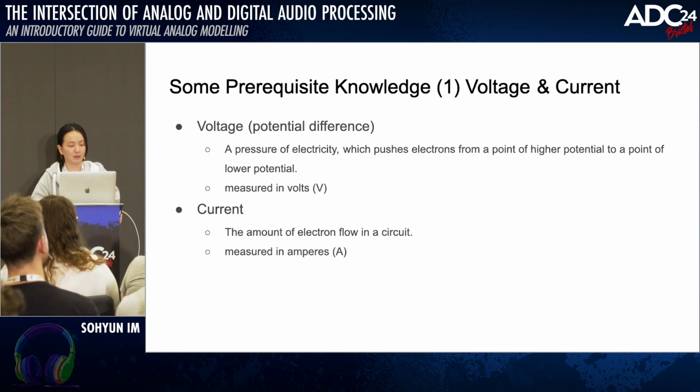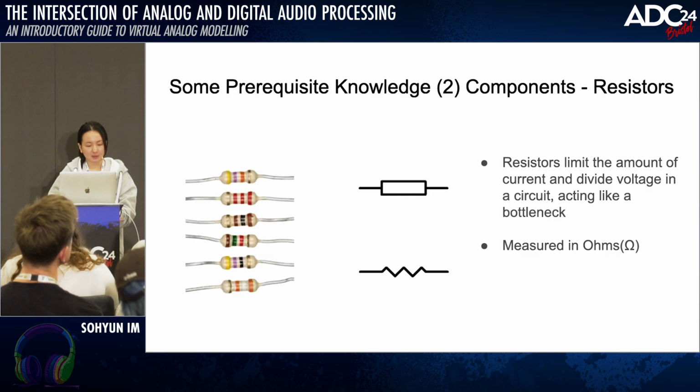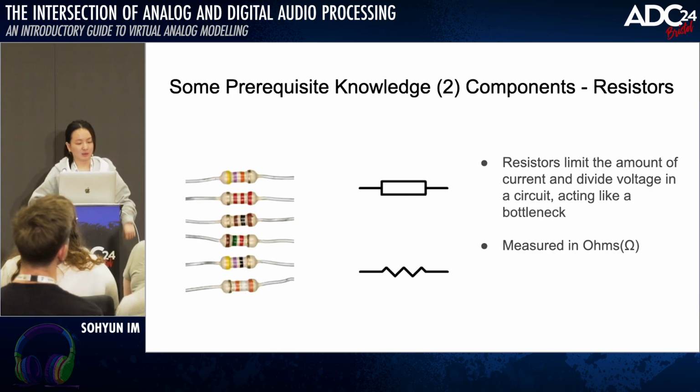We will go one by one. Resistors: the middle one is the schematic symbol of the resistor. It limits the amount of current and divides voltage in a circuit, acting like a bottleneck, and it's measured in ohms.